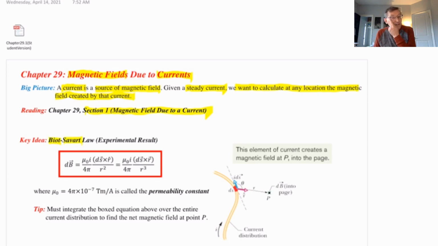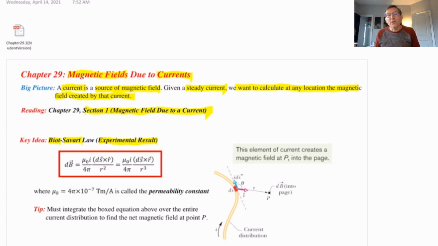And as we discussed this result in the United States, we pronounce those names Biot and Savart. So it's often called the Biot-Savart law, but it is really just a statement of an experimental result, which we are now going to state in more modern language, and it's going to enable us to calculate the magnetic field produced by a steady current.